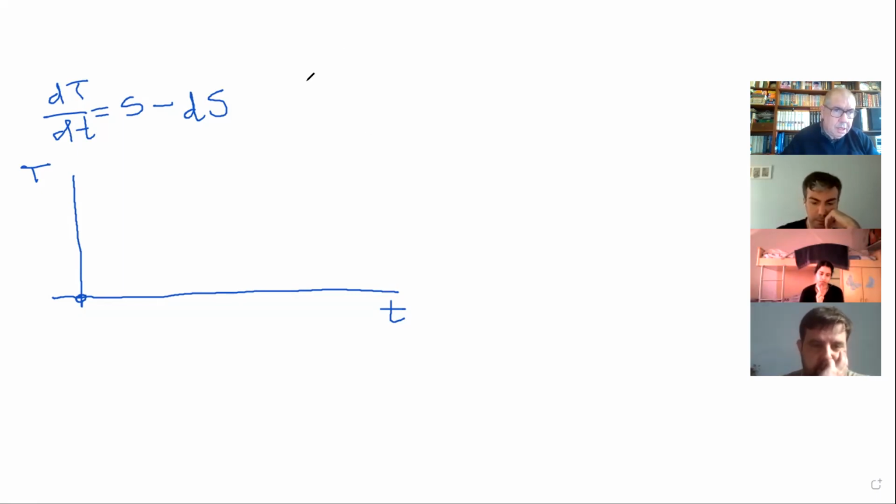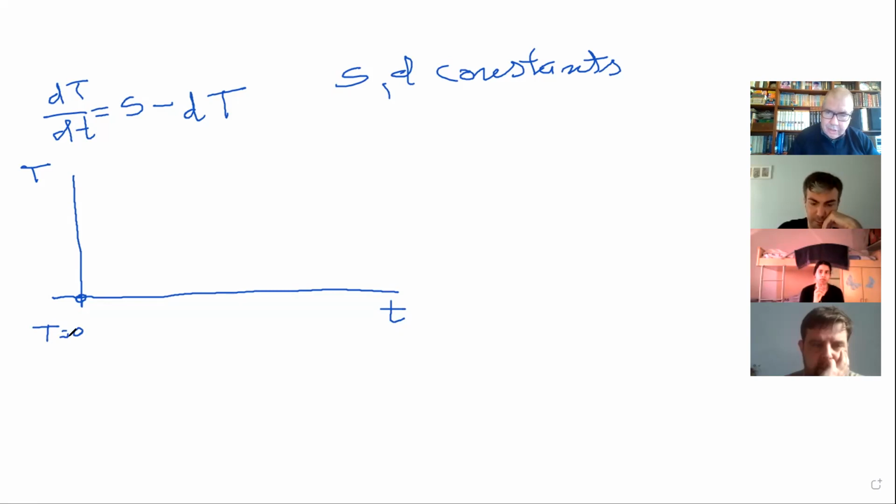Oh, sorry. This is not S, this is T. So S and d are constants. Initially you have T equal to 0.